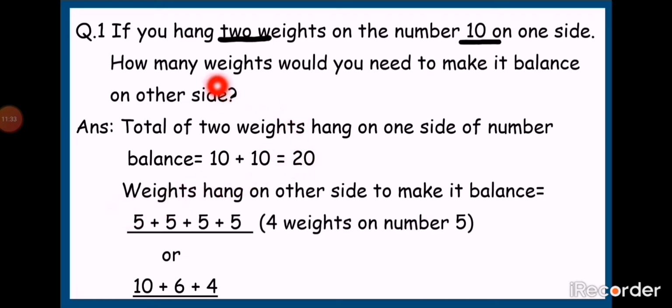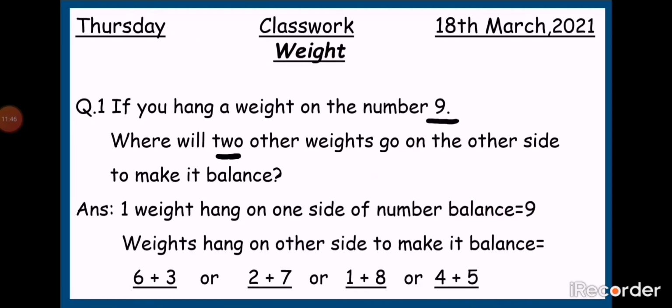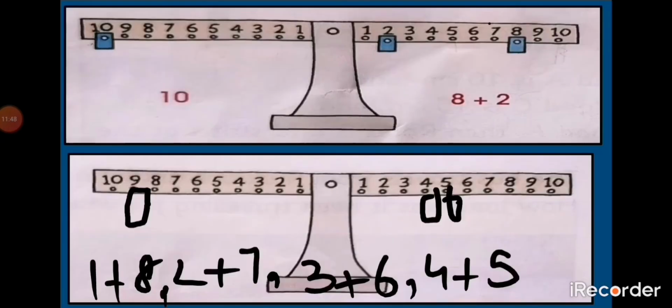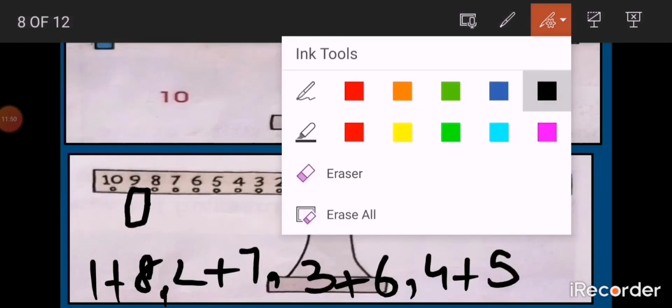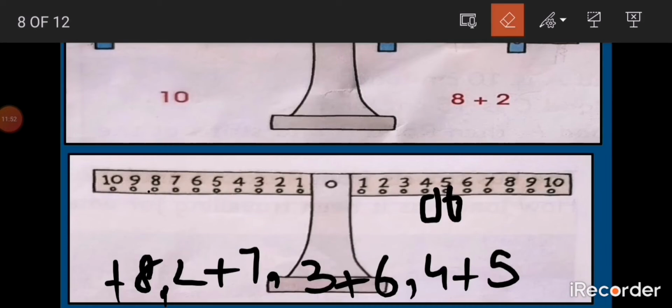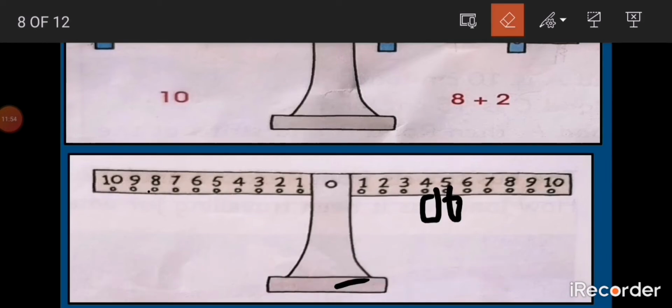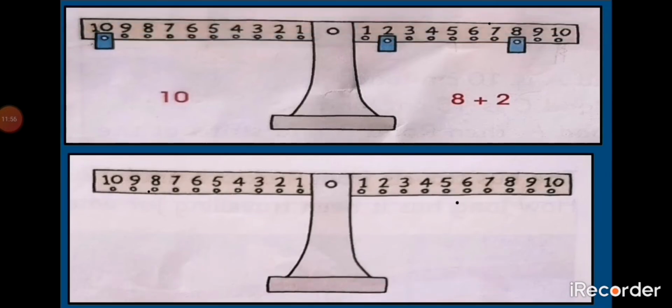The second statement we will take from the second part. How many weights would you need to make it balance? So this is the thing we are going to find out. Weights hung on the other side to make it balance. So we write these statements properly, and then we will find out how we can balance number 20 by putting the scales on the other side, by choosing the numbers on the other side of the number balance.